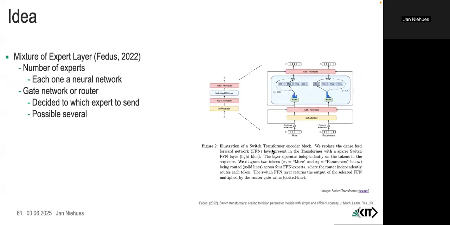So how does it learn? This is now from the Switch Transformer, one of the first networks where you try to do that inside a neural network. So you again have the transformer layer. What you have here is self-attention. Then you have add norm, so that's mainly a layer norm and a residual connection. Then you have your mixture of experts layer, and then you have the add norm.